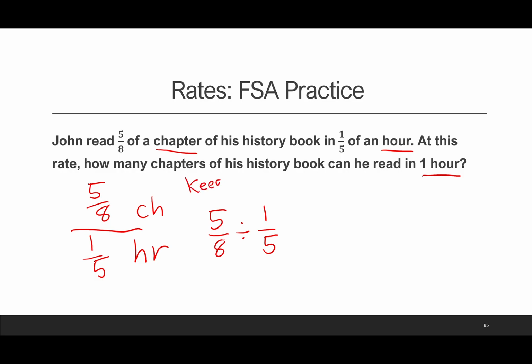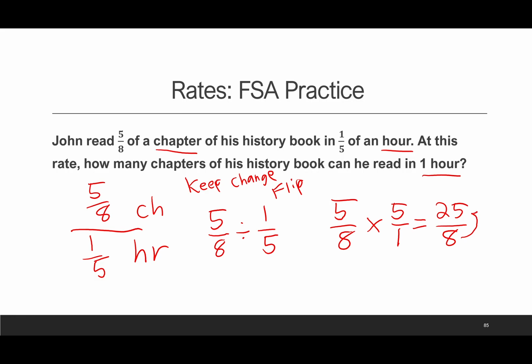Keep, change, flip. The first fraction will stay the same, 5 over 8. Change division to multiplication and flip 1 over 5 to 5 over 1. Multiply. 25 over 8. If you want to be extra and convert this into a mixed number, you can.